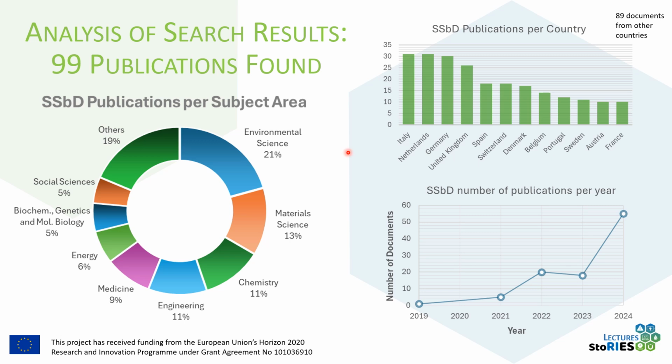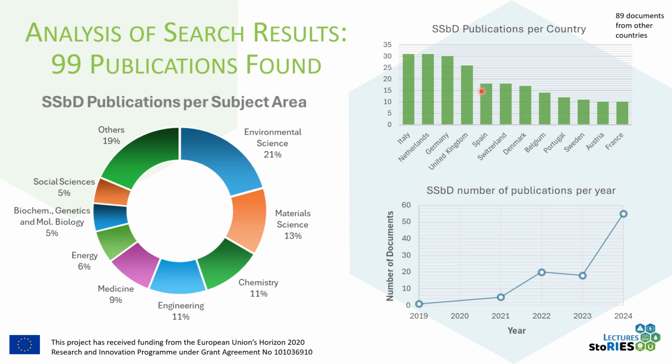About the results of this search, first we see that since 2019, let's say 100 publications mentioning safe and sustainable by design can be found, and about the temporal evolution of the number of these papers coming out, we see of course an increase in the last year, especially in 2024. The number of papers mentioning SSbD has been almost 3 times what it was for the previous two years.